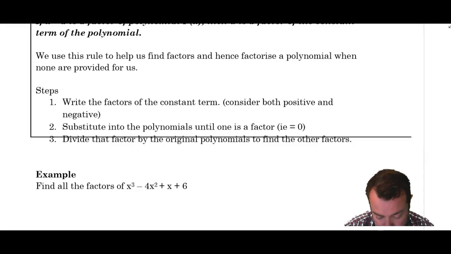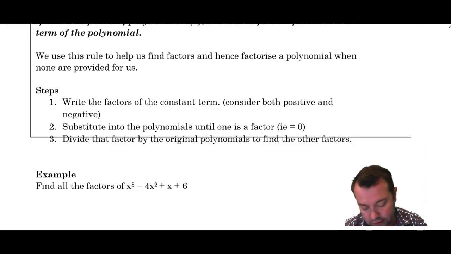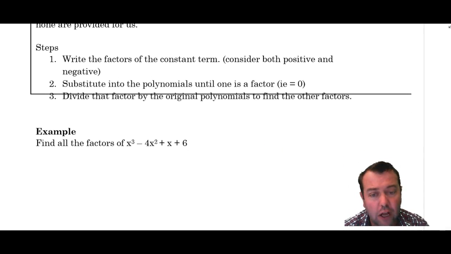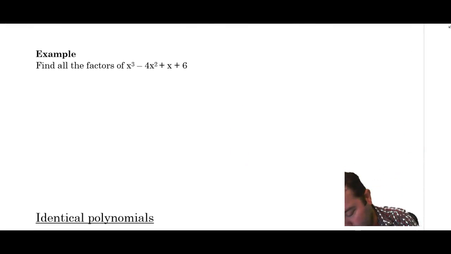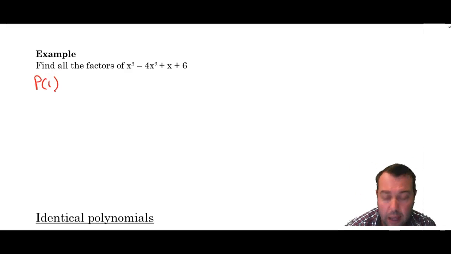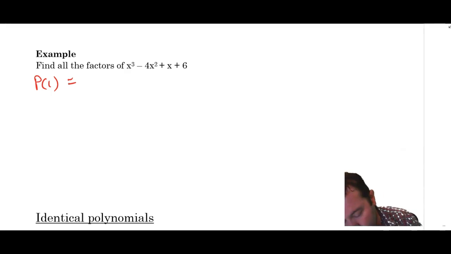Now there's 8 options there. Third order or third degree has a maximum of 3 roots, but nonetheless it allows us to make a bit of an informed guess rather than just chasing any sort of factors. I'm looking for numbers that go into 6. So let's guess, what about 1? Because 1's always easy to substitute in. 1 cubed minus 4 times 1 squared plus 1 plus 6 equals 4.